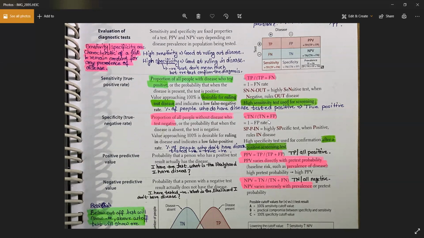So all the patients which are negative will become in this part, and all the individuals which will be tested negative by the test, they will come above. Okay, so it is a true negative rate. Okay, the chances of true negative among all the individuals who are negative for the disease, this is the specificity.